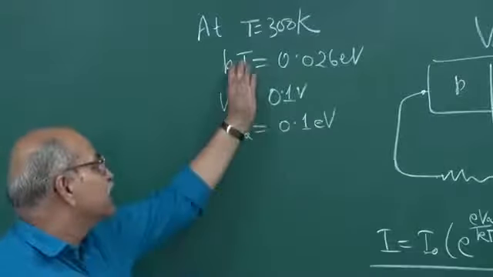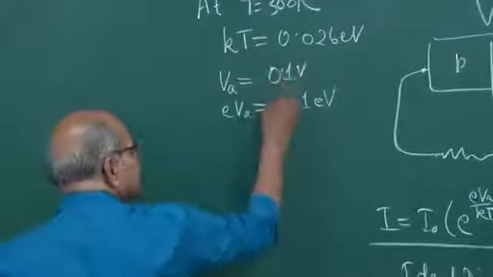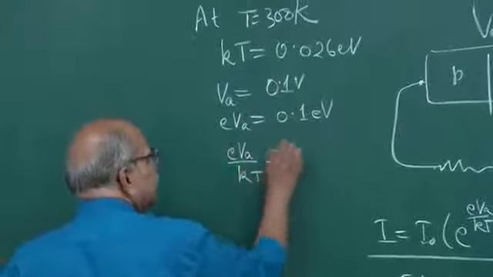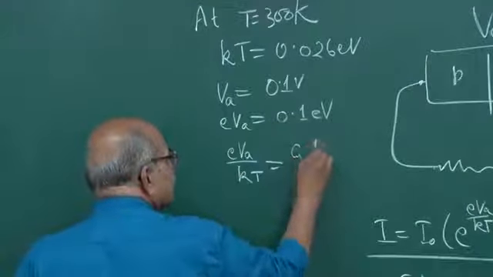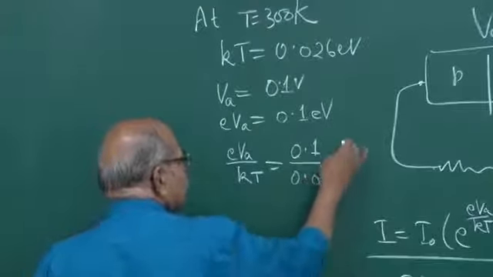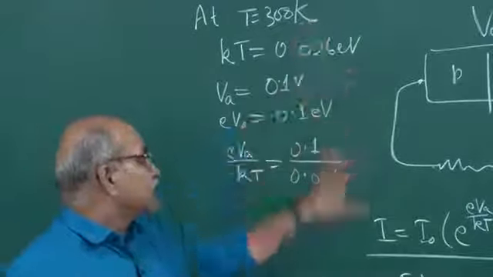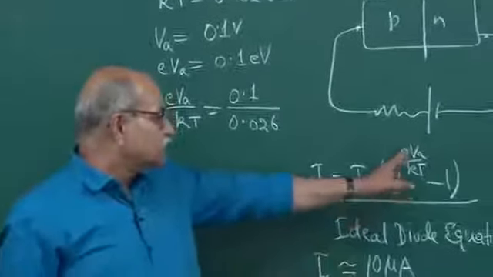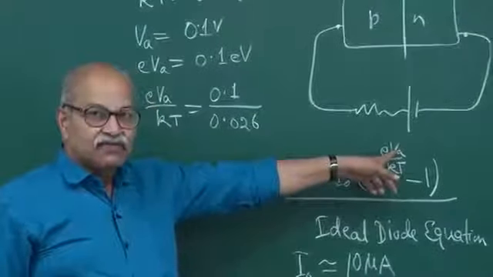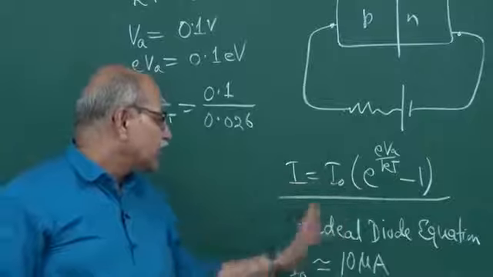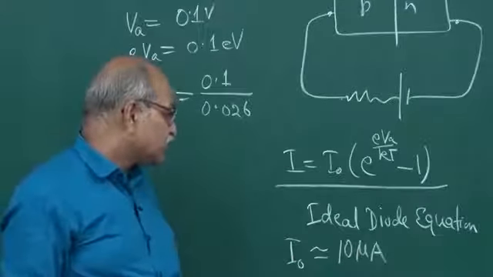So, eV by kT, for example in this case, will be just 0.1 divided by 0.026, and the eV cancels out. So, one can evaluate this number once the applied voltage is chosen, and then you can calculate this whole thing taking I naught as, say, 10 microampere or so.